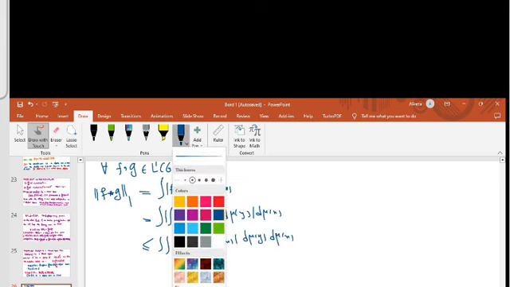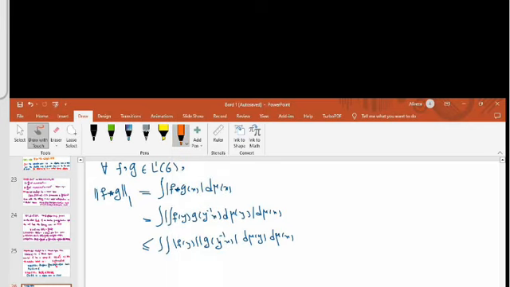because we know that the absolute value of any integral, for example h, is less than or equal to the integral of the absolute value.